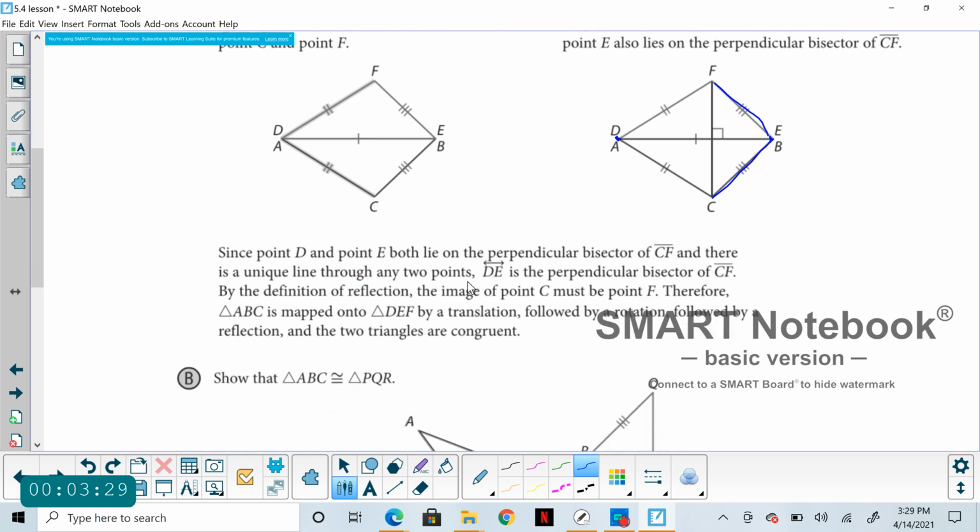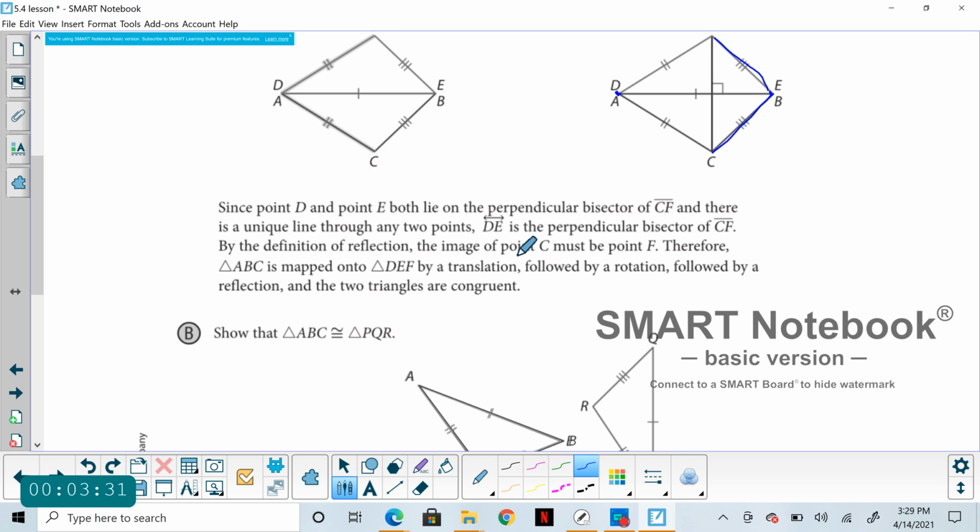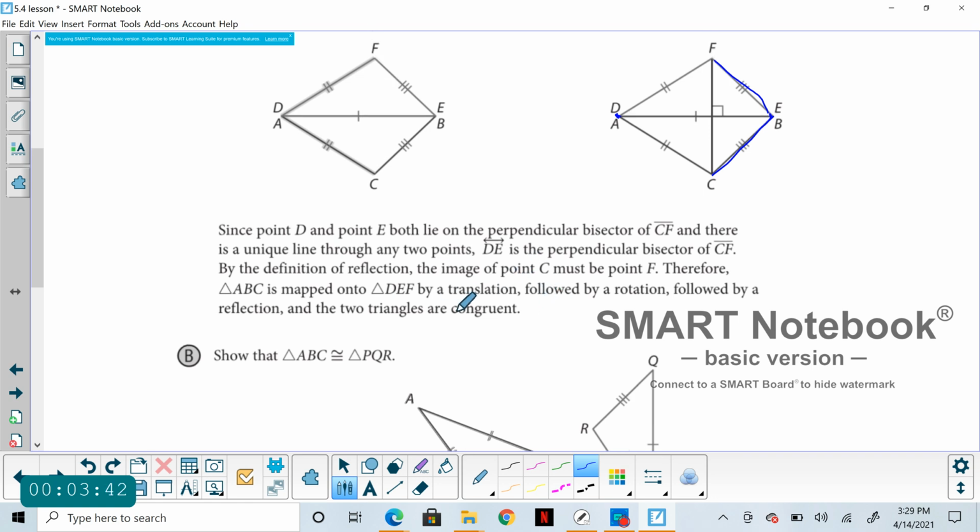So then, since point D and point E both lie on the perpendicular bisector of CF, there's a unique line through any 2 points. DE is the perpendicular bisector of CF. So now we have this vertical line here.